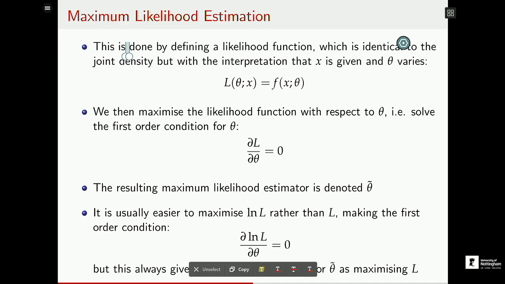This usually involves partial differentiation with respect to a vector of different population parameters, theta. Set equal to 0, to give you your first order condition, and then solve it out. And we're going to use the notation for maximum likelihood estimators, theta with a tilde, to denote that we're using maximum likelihood estimation.